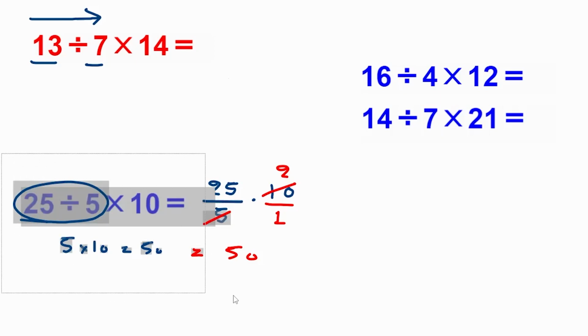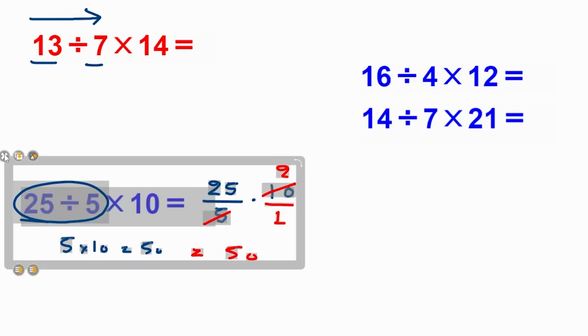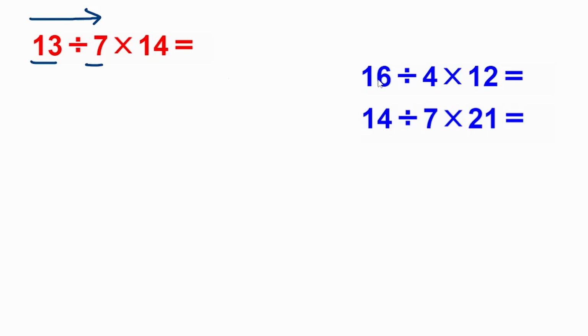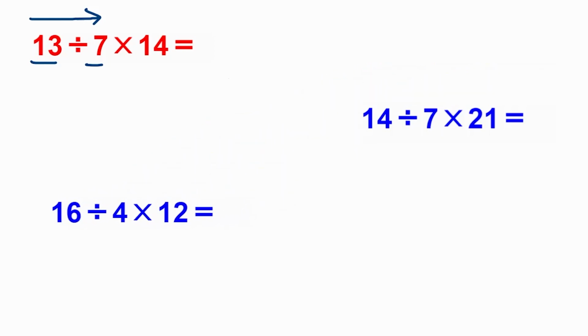Now we get rid of this example and try another one. Let's bring this example over here. Same thing, we can divide this very easily because it's possible. 16 divided by 4 is 4, multiplied by 12, and 4 times 12 is 48.